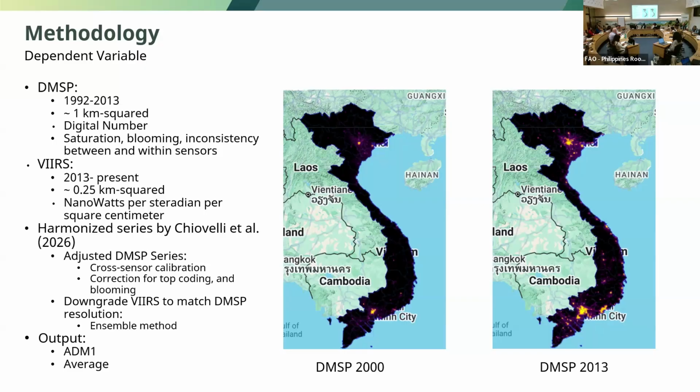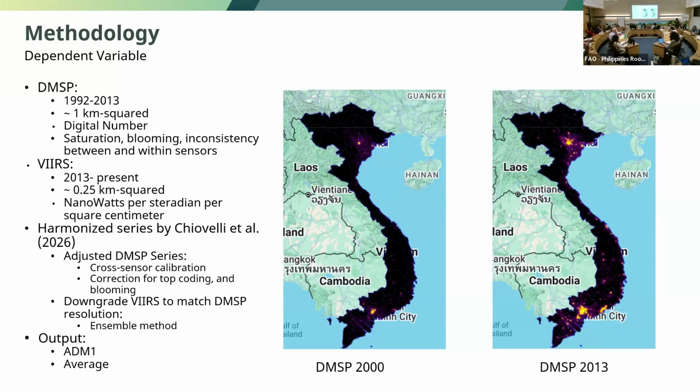And also as the satellite degrades, within one sensor, they would have measurement inconsistency as well. The next generation is the VIIRS, available from 2013 with better resolution, but they have different measurement unit.